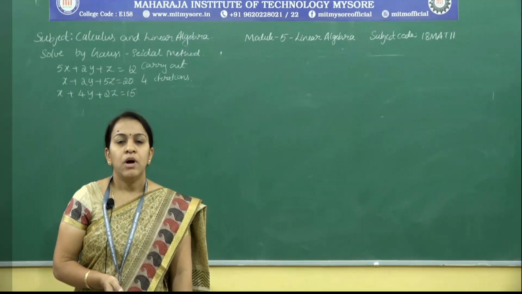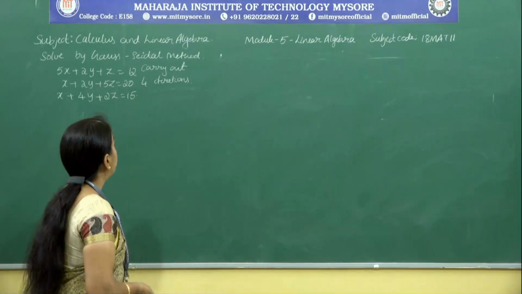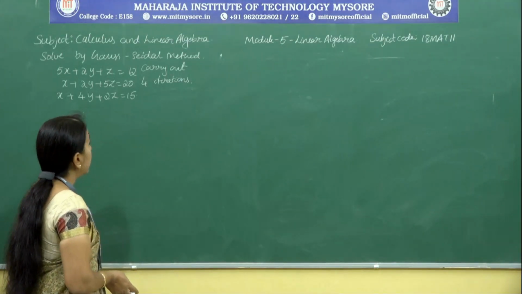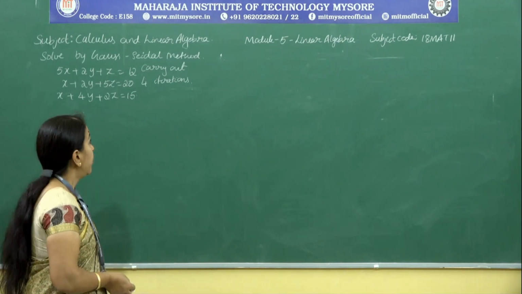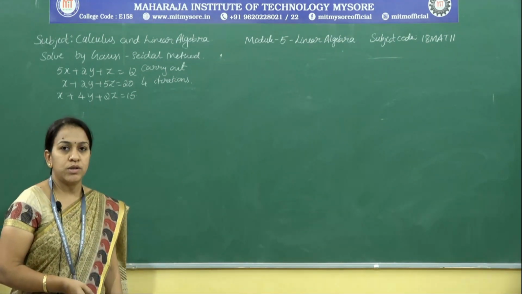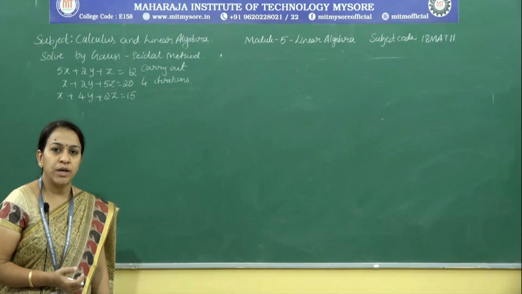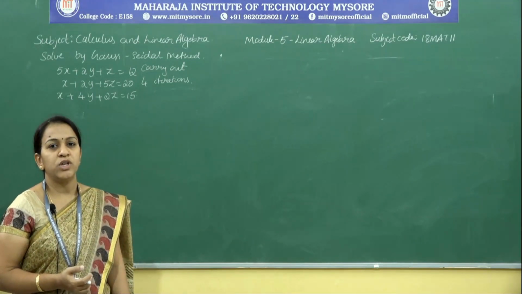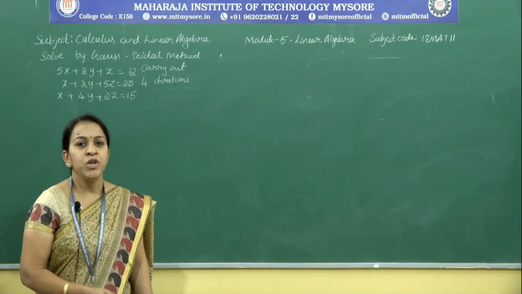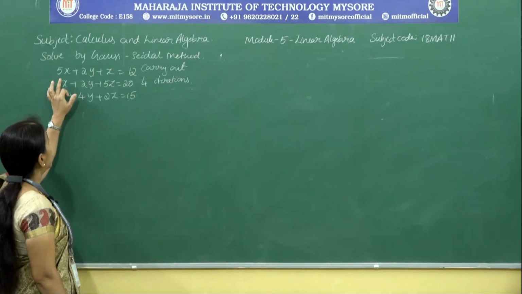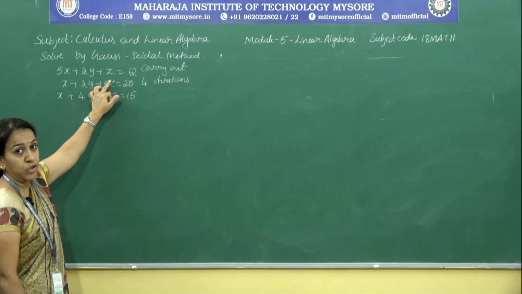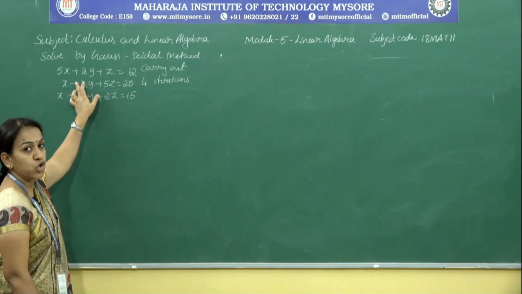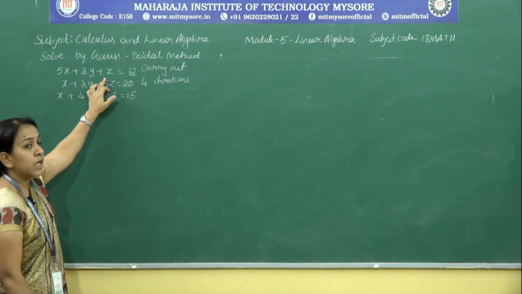Okay. Our next problem is, we are supposed to solve the system of linear equations, again of course by the Gauss-Seidel method, but we have to carry out 4 iterations. Now the first thing is, we should check whether the system of linear equations is diagonally dominant. So in the first equation, the x coefficient should be greater than the other two coefficients.